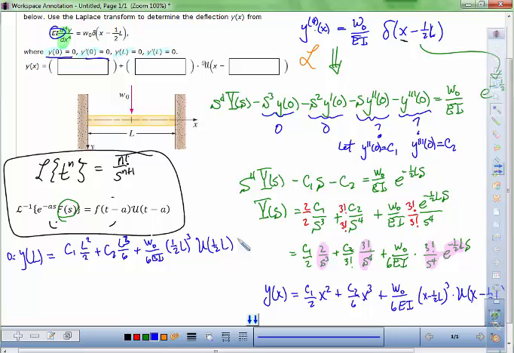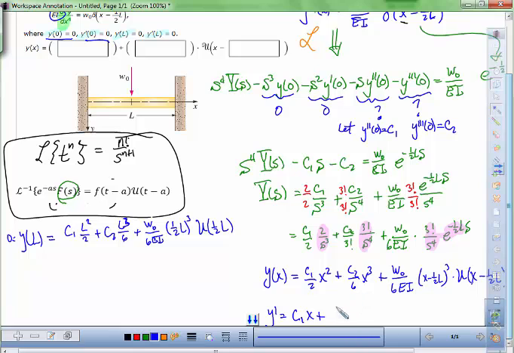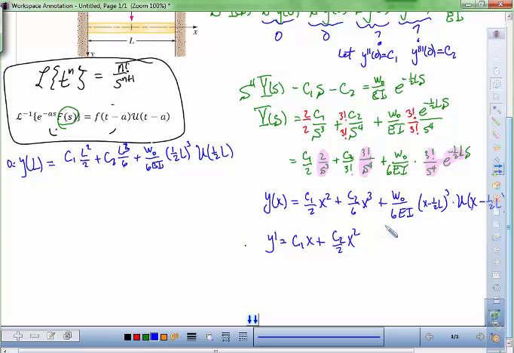All right, and then we have y prime, so we need to take y prime, and that is going to be C1x plus C2 over 2 x squared. Oh, do we not take the derivative of this?